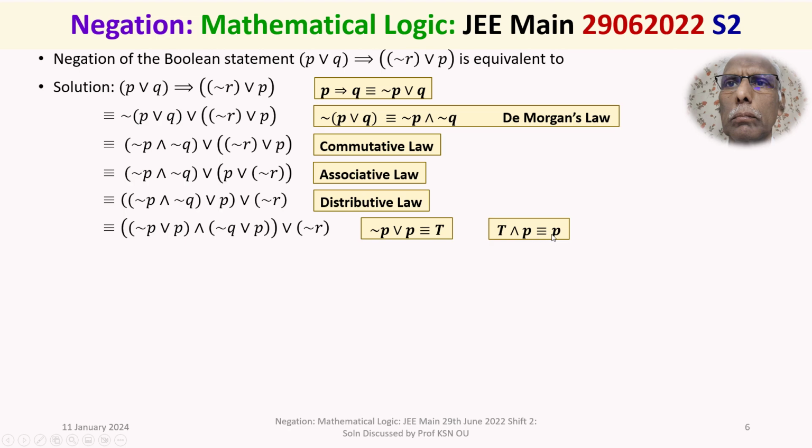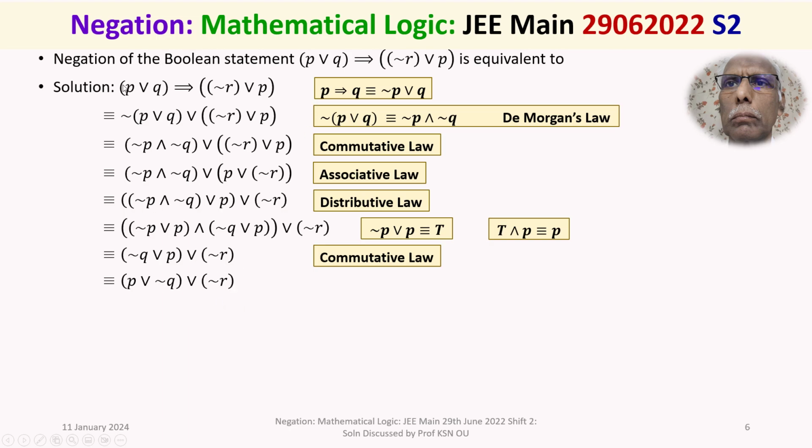So T and P is equivalent to P. So the bracket becomes negation of Q or P, in brackets, or negation of R. Agreed. Now we apply the commutative law because we want P, Q in the same order. So we apply the commutative law in the bracket, that is P or negation of Q, or negation of R. So this is the simple statement, which is an equivalent statement.